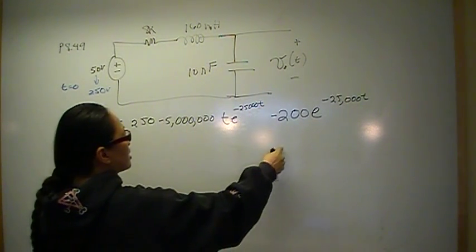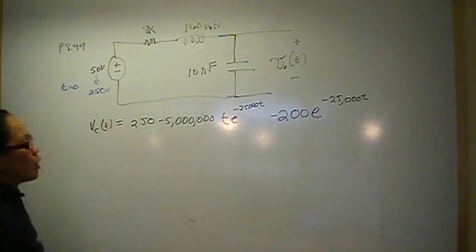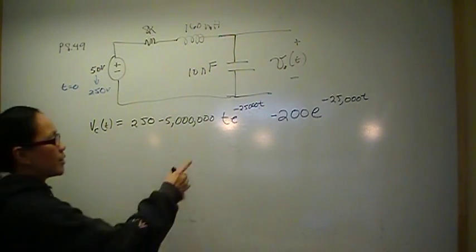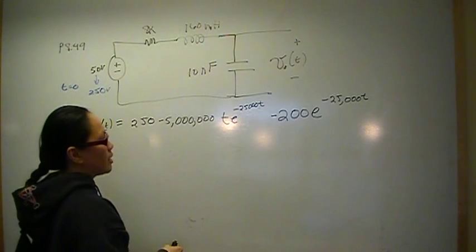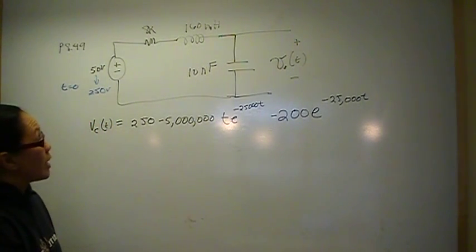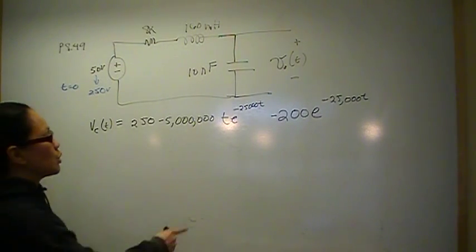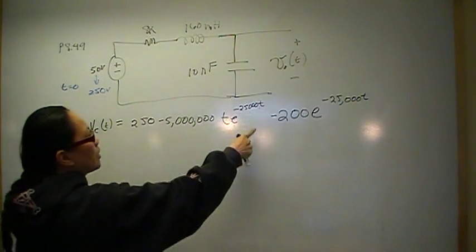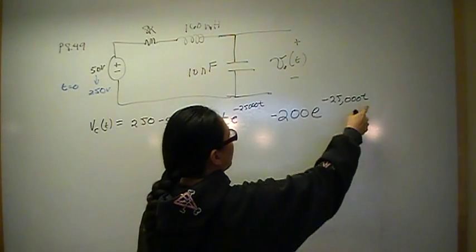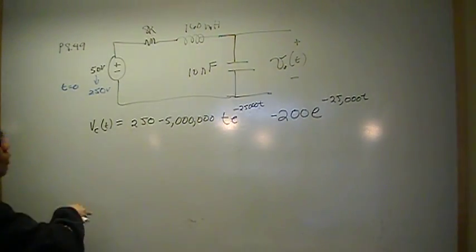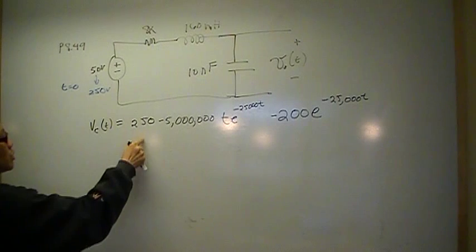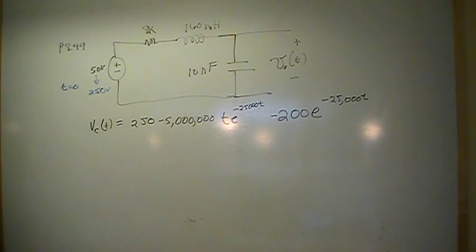We could prove that with L'Hopital's rule, which I'm not going to do. But this goes to 0, and this term, e to the minus infinity, goes to 0. So over a long time, this will approach 250. So this equation looks pretty good for initial conditions and also for final conditions, and it's actually the answer.